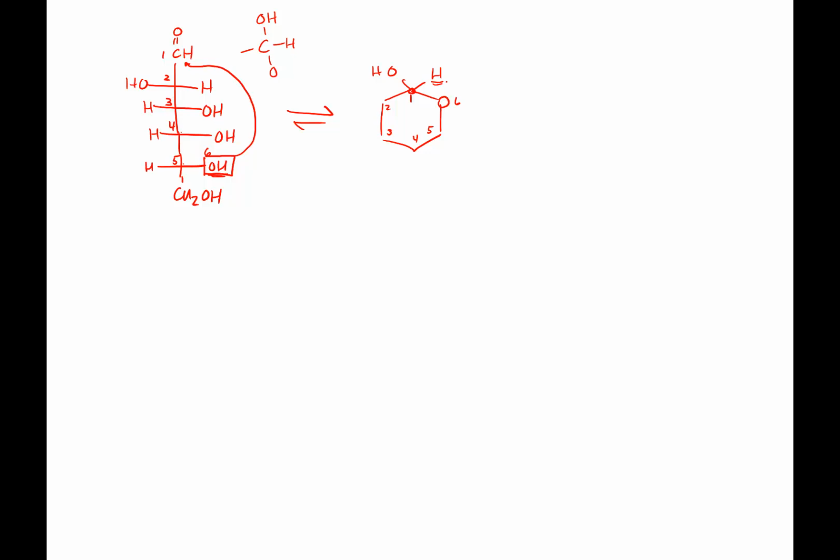What's attached to carbons 2, 3, and 4? Just simply OHs. I'm not going to put in the stereochemistry here. I'll show you that in a moment. And then what's attached to carbon 5? A CH2OH. So this is the cyclic form of a sugar or of a carbohydrate.